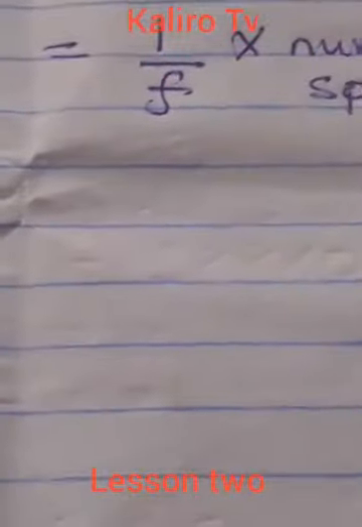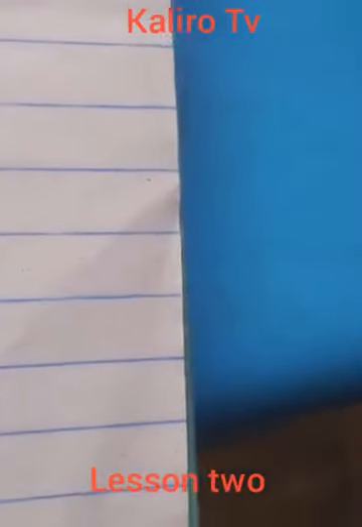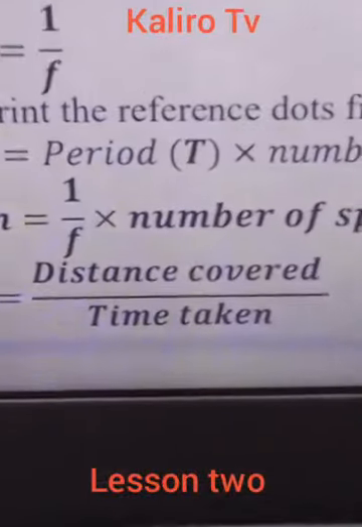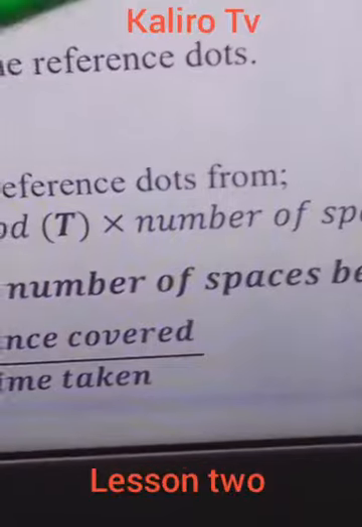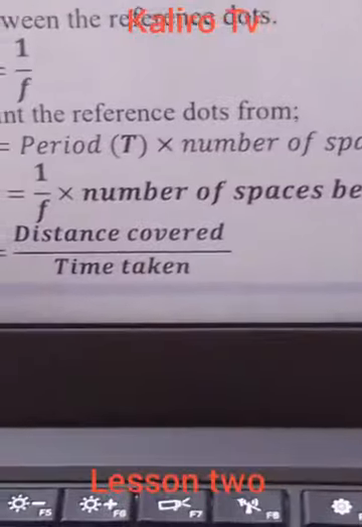You get the second. That one is called the period. As you remember, period is the time taken to complete one complete cycle, but here period is the time taken to print any two successive dots on the tape, and it is measured in seconds.